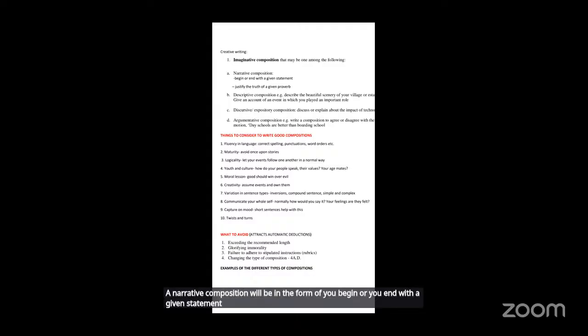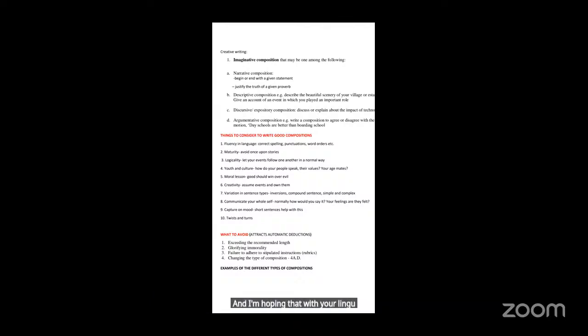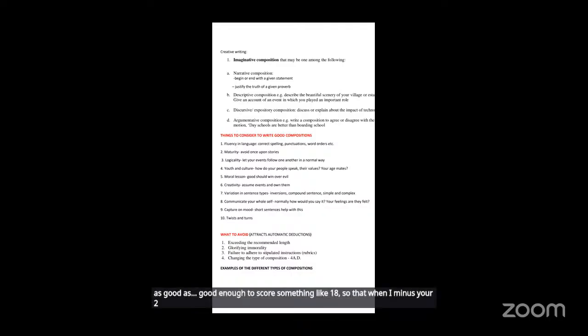And there are some students who are daring, they will ask, and if I don't begin with it? If you don't begin with it, what will happen is I mark your linguistic capability. And I'm hoping that with your linguistic capability, you're good enough to score something like 18, so that when I minus your 2, you'll still end up with 16.